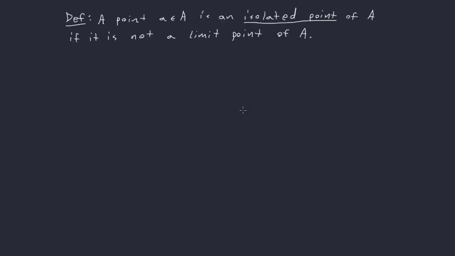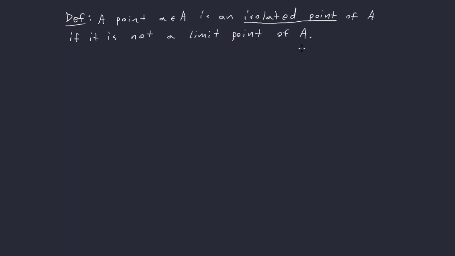Okay, so next up, our next definition is basically what happens if something is not a limit point. And this is an important distinction: a point a in A is an isolated point of A if it is not a limit point of A.